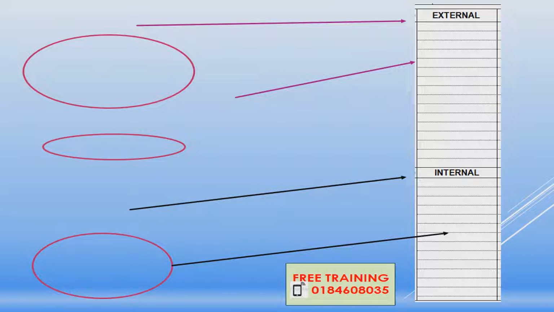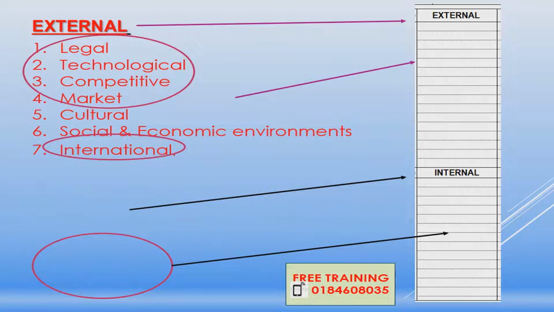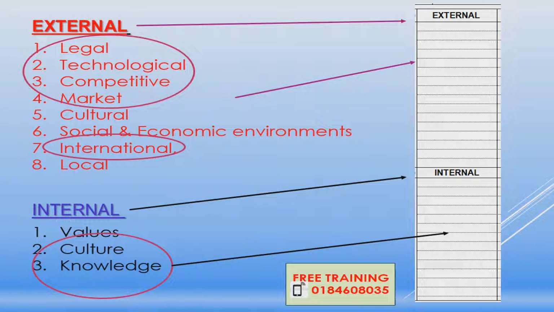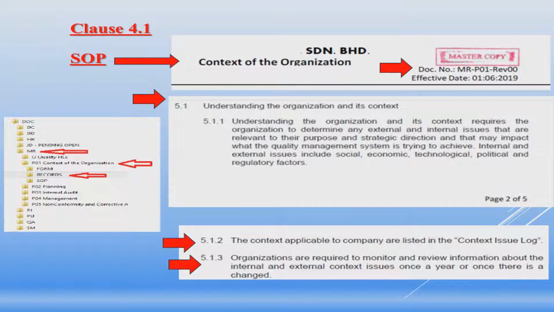From that, you put it in the form. You separate the analysis: who is external, internal, then you fill in the form under the context issue log. Okay. And internal, you spread it under. You can refer to your company SOP, Standard Operating Procedure, titled context of the organization.